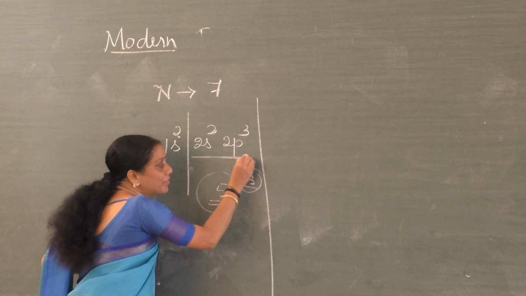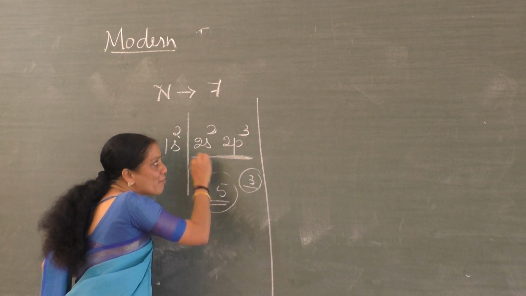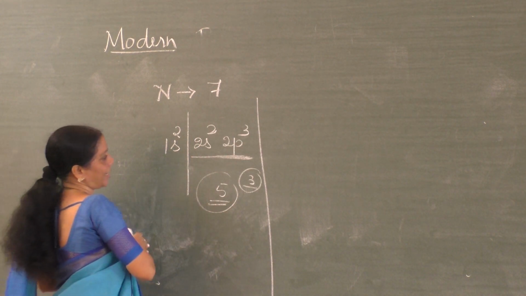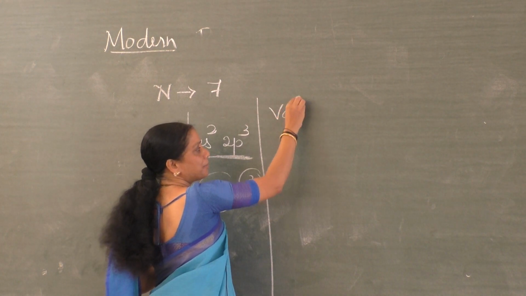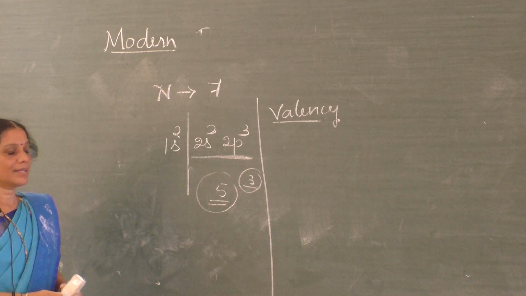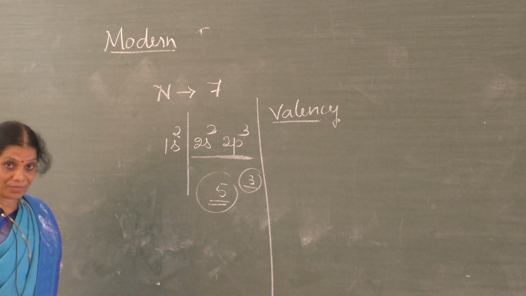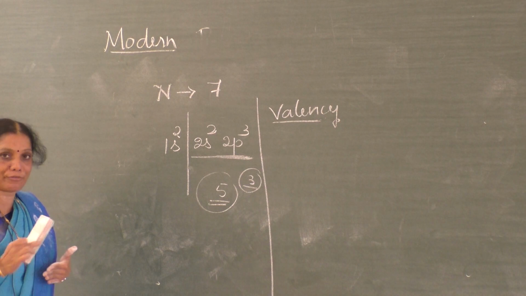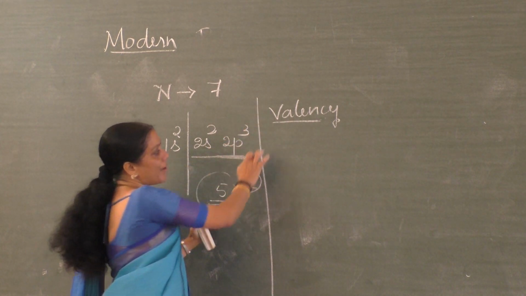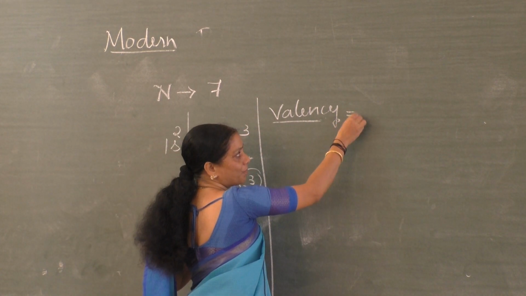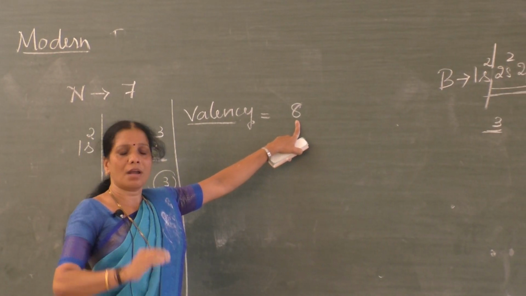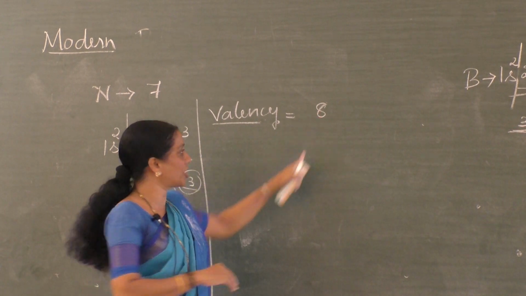Hence, if the number of valence electrons is more than 4, we have to use one formula. Listen here, students. The formula is valency is equal to 8 minus, what is that? 8 electron configuration, highly stable state, octet configuration.